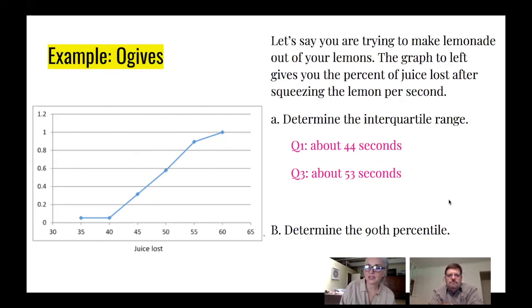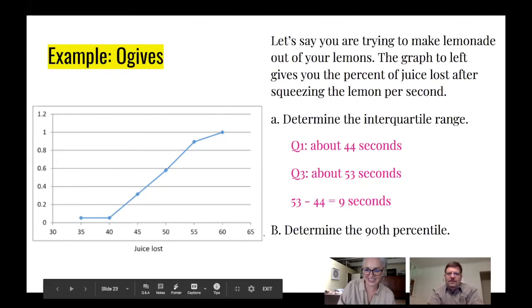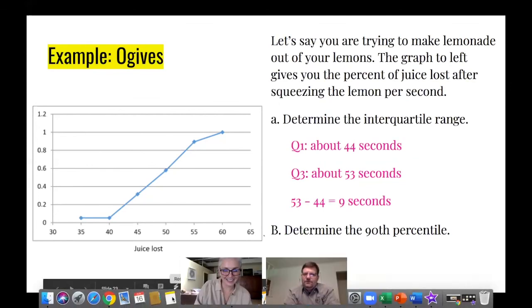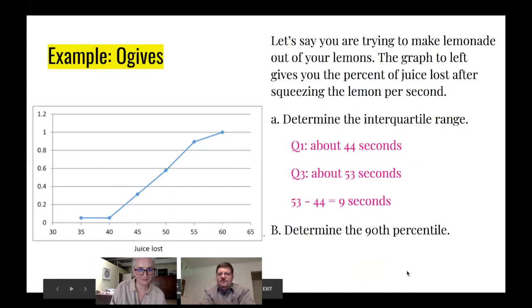And then to find the interquartile range, what do you do? You subtract those numbers. 53 minus 44 gives you 9 seconds. Right. So that's the sweet spot for squeezing out a lot of juice. So I've got a lot of work to do just to get to the first 25%. I didn't realize it was so hard to squeeze a lemon. It's real tough.